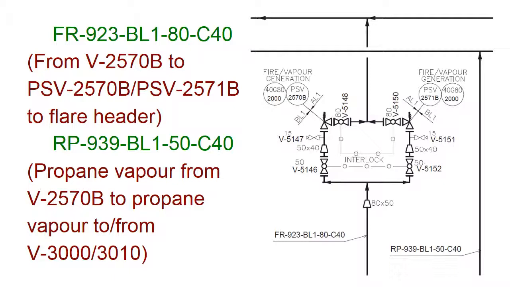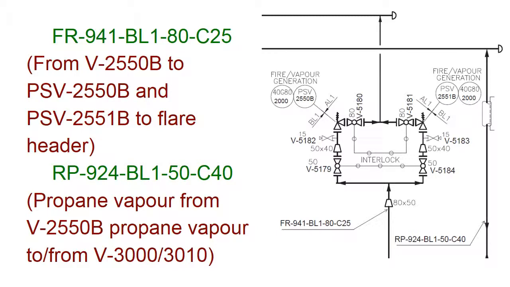RP939-BL1-50-C40, propane vapor from V25-7BP to propane vapor to or from V3000/3010. FR941-BL1-80-C25, from V2550B to PS V2550B and PS V2551B to flare heading. RP924-BL1-50-C40, propane vapor from V2550B, propane vapor to and from V3000-3010.